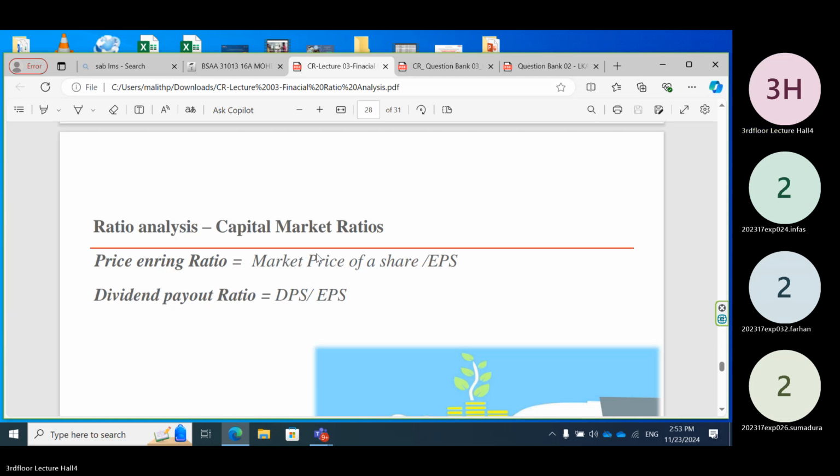PE ratio equals market value of share divided by EPS. Now you know EPS. Now you know the PE ratio. What you can get is the market value of a share of the private limited company. That market value per share can be multiplied by the number of shares.